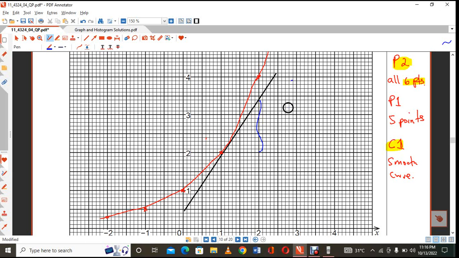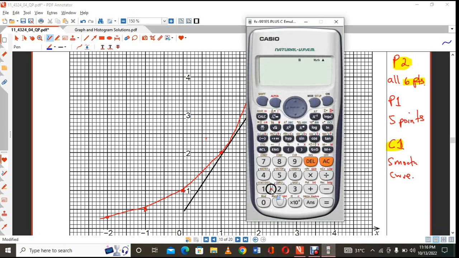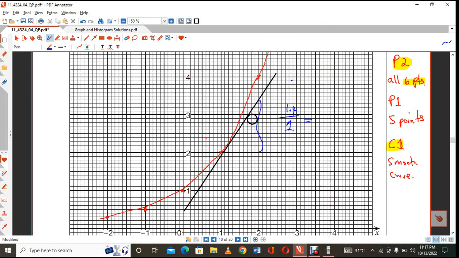Let's say that is about 1.4, the vertical distance, and I divide that by 1. So you have 1.4 divided by 1. You see I've got 1.4, which is more or less in the range. So my gradient line is actually perfect. This is 1.4, just an estimation.